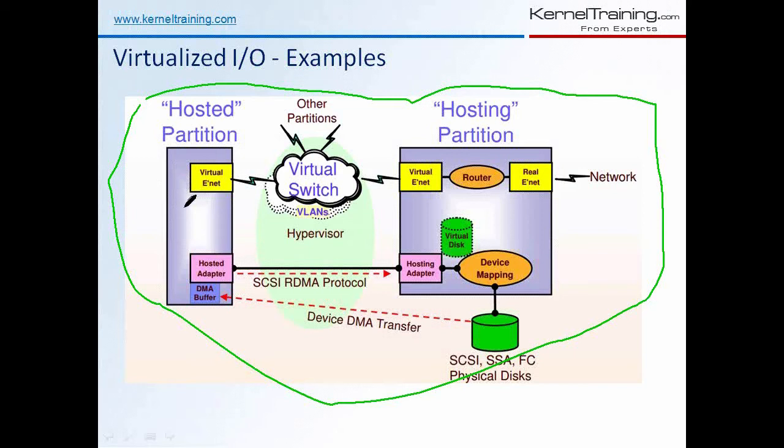I have a virtual Ethernet card and a virtual FC card assigned to my client LPAR. This is my hypervisor. The hypervisor is a layer in between your hardware and your OS.